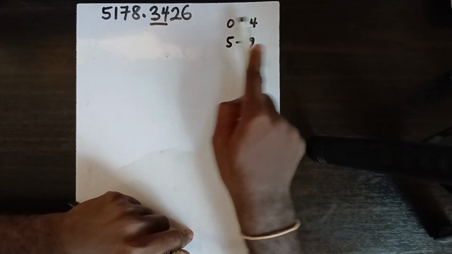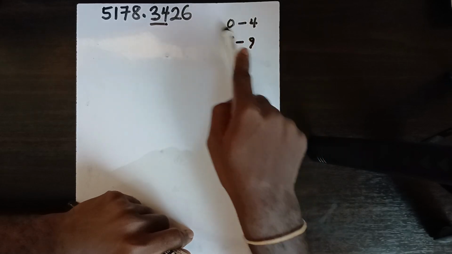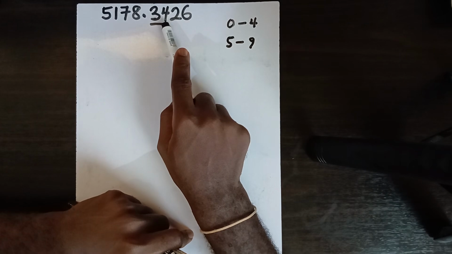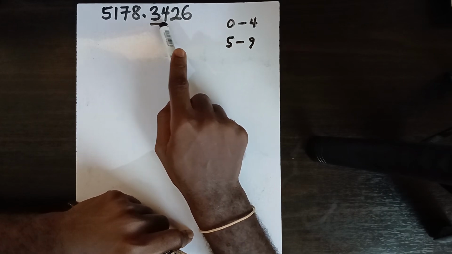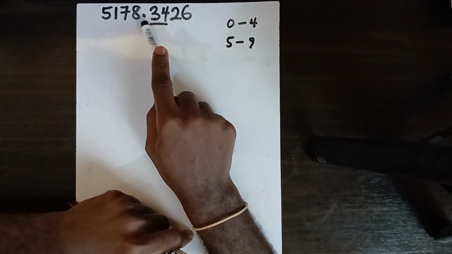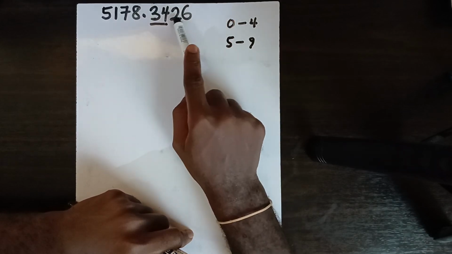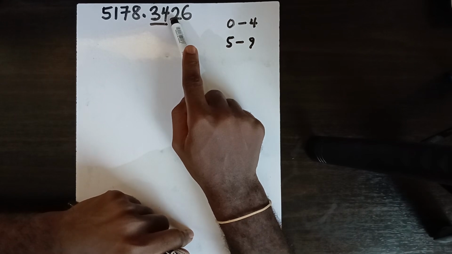But this is 2. This is part of the small digits. So it means we don't have to add 1 to the last required decimal place. We will just keep it at 0.34, and then we take out the rest of the digits to the right.